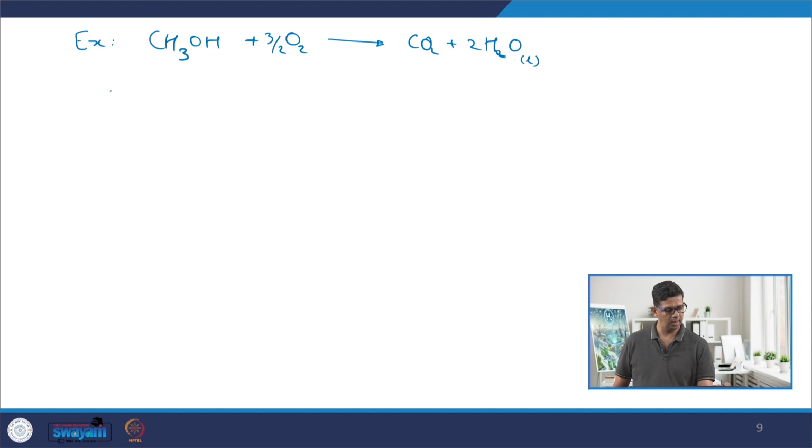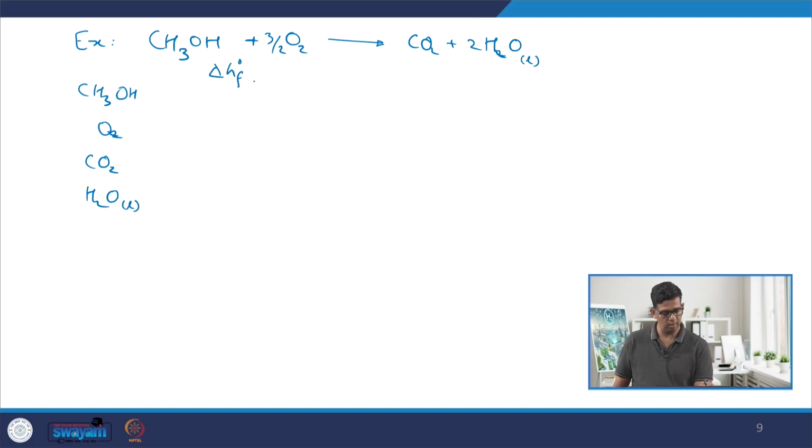So, what are its enthalpies and the entropies? We have for methanol, then O2, then CO2, and then water in liquid form. So, what are your enthalpies of formation?